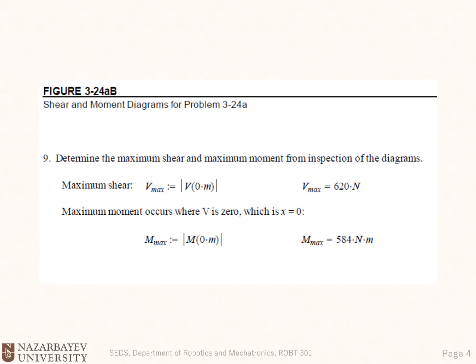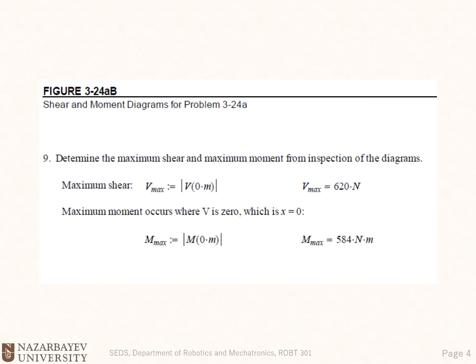What you could do is find the maximum based on the plot, and the Vmax is from 0 to a, or at 0, and the Mmax, also based on the plot, will be at 0. So now you have Vmax and Mmax.